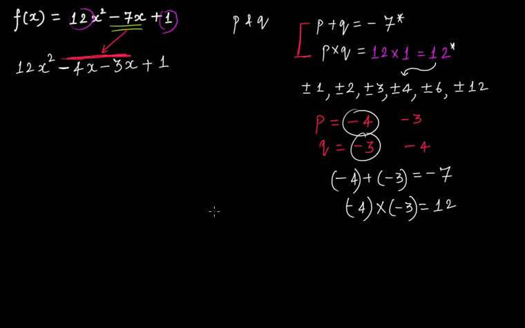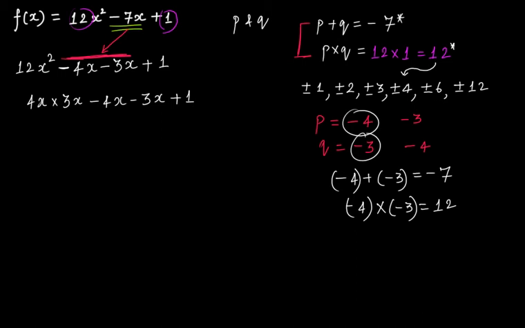Now we can write 12x squared as 4x multiplied by 3x, minus 4x, minus 3x, plus 1.